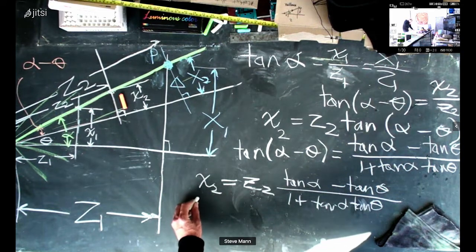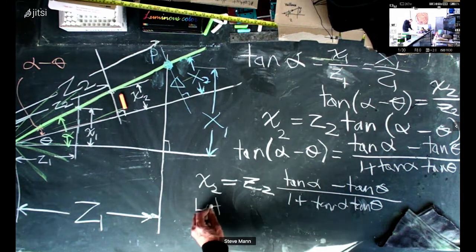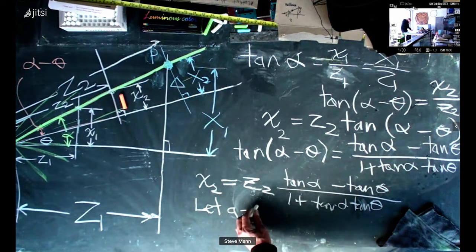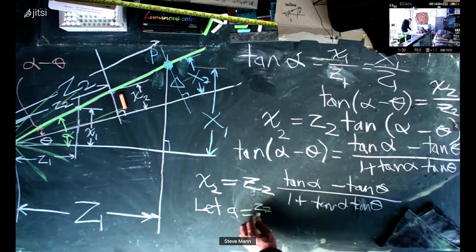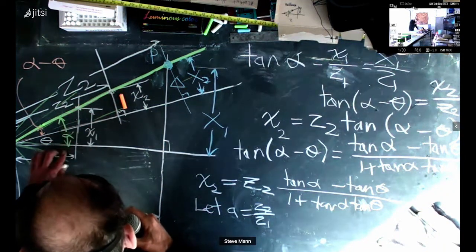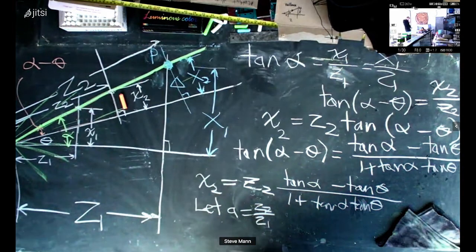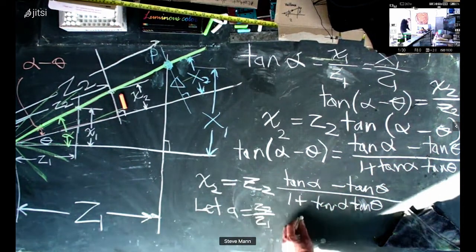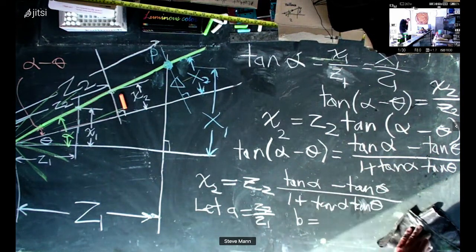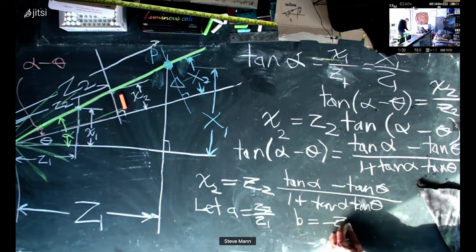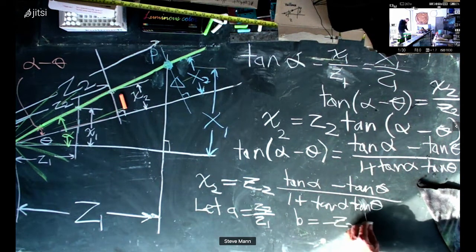Now let's introduce some variables. Let A equal Z2 over Z1. So A is a constant just equal to the zoom ratio settings. Z2 divided by Z1, which is the relative scale between the images, how much one's zoomed with respect to the other. And let B equal negative Z2 tan theta.